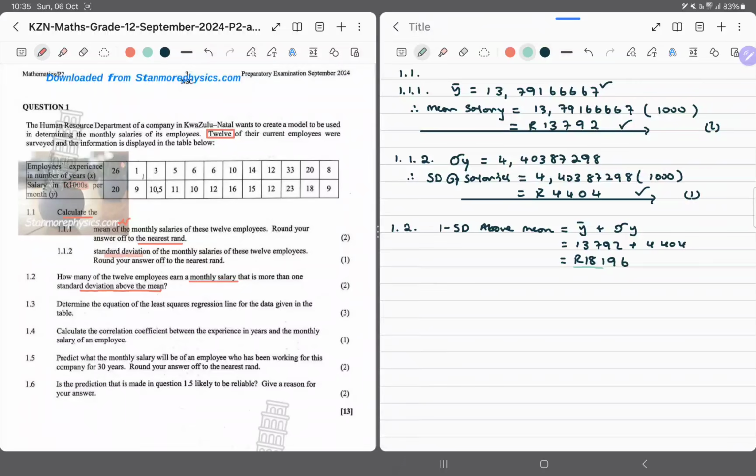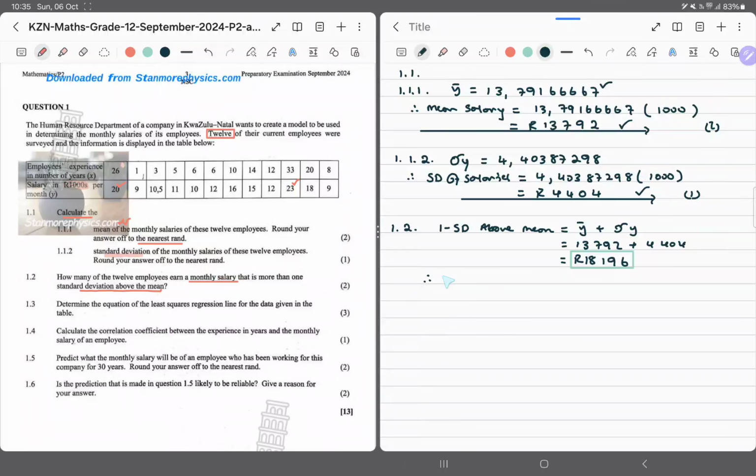Now remember we want above, so we want a salary that is greater than this value, essentially. So how many people are earning that? 23,000 is greater than that. We can't choose 18 because it's less than that. And 20,000 is greater than that. So there's only 2 people.